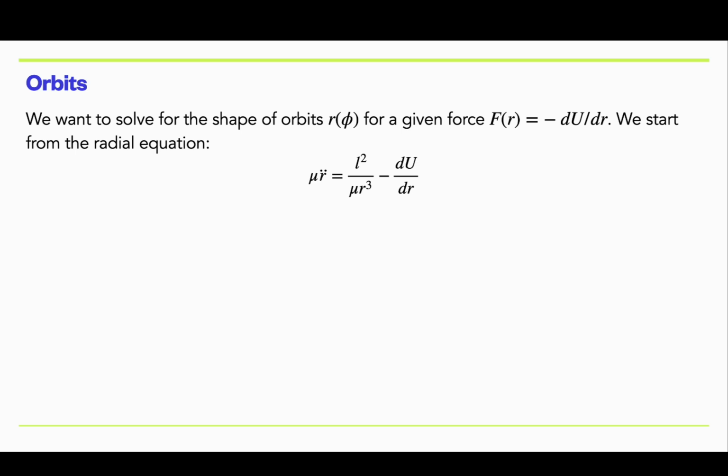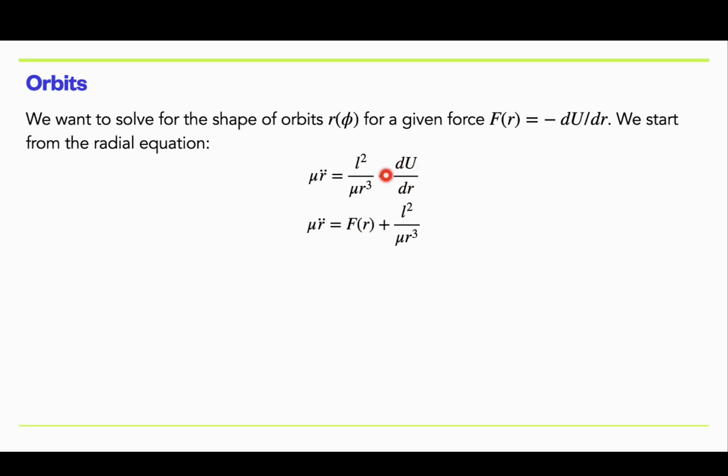Okay, so we're going to start with our radial equation of motion. We're going to use the version of the radial equation where we explicitly see the centrifugal force. So remember that negative dU/dr is just the force.